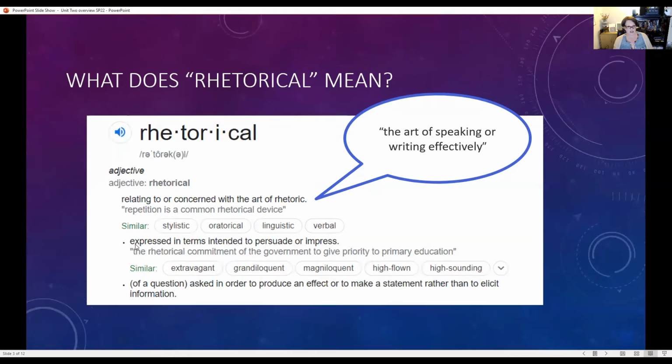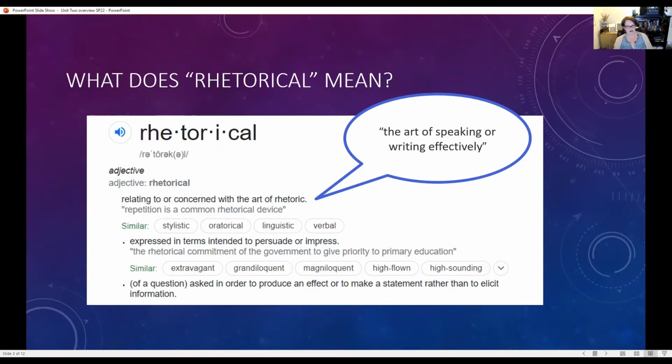Here is a secondary definition. It's expressed in terms intended to persuade or to impress. And of a question, the rhetorical question is one which is asked in order to produce an effect or to make a statement, rather than to elicit information or to get an answer.